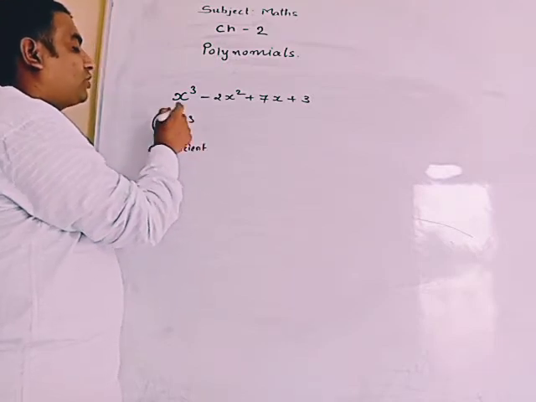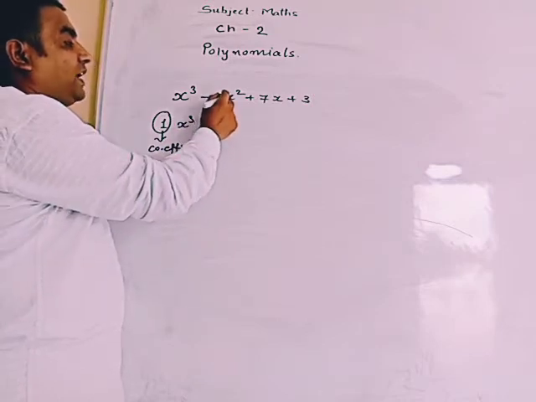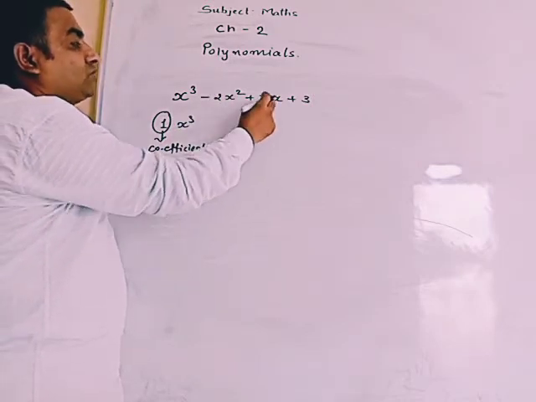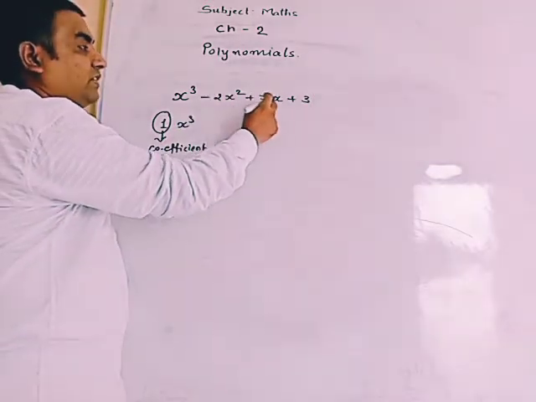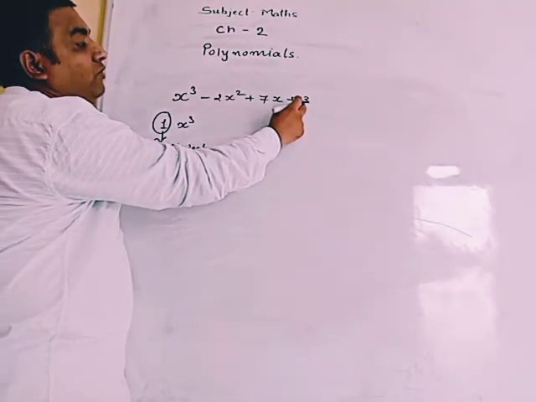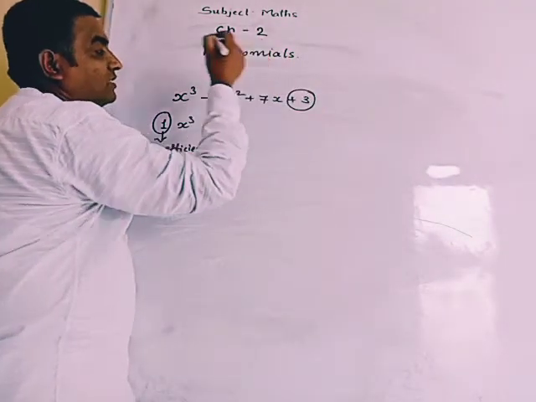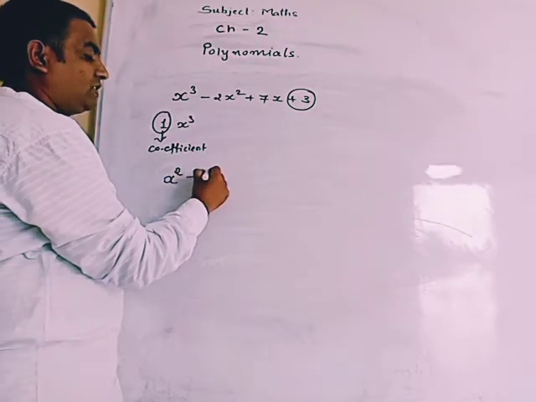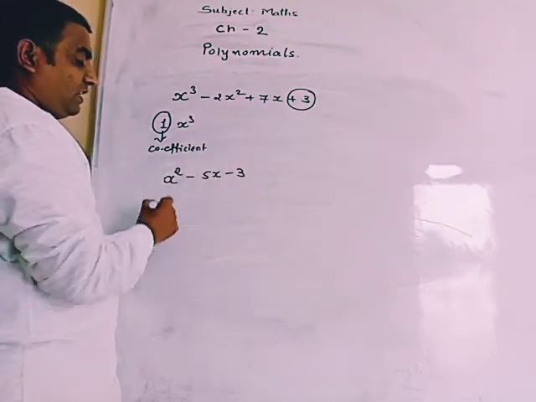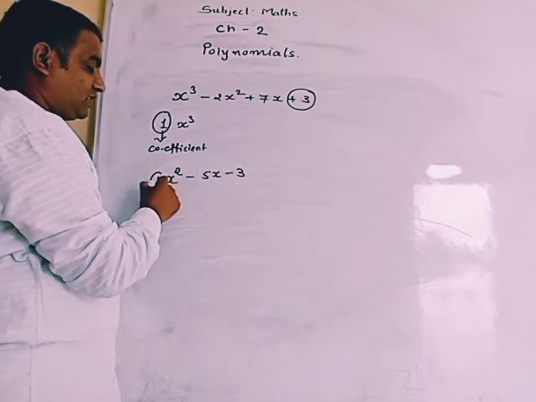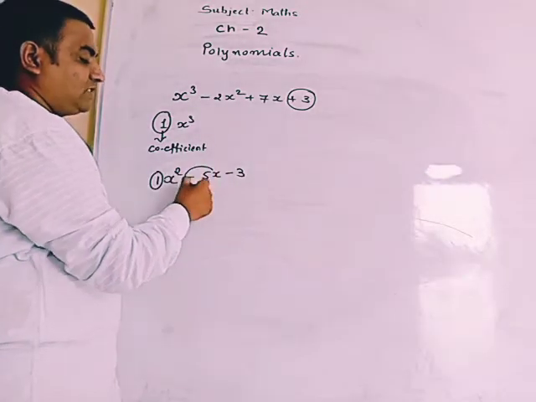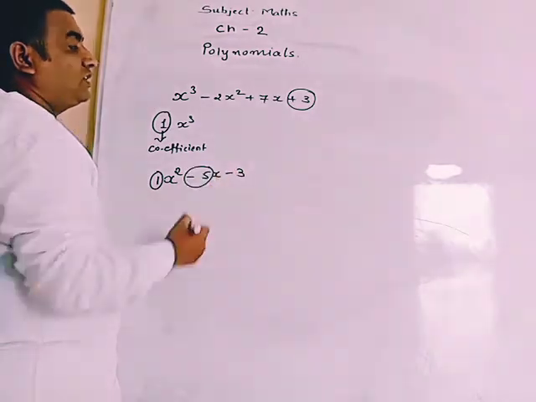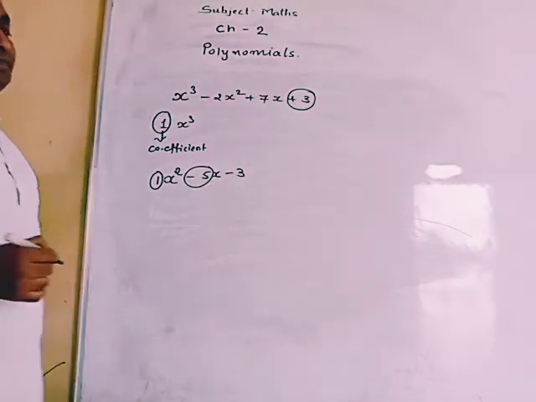So here the x cube coefficient is 1, the x square coefficient is minus 2, the x coefficient is plus 7, and the term without a variable is known as the constant term. Now we write x square minus 5x minus 3. Then the x square coefficient is 1, the x coefficient is minus 5, and the constant term is minus 3.